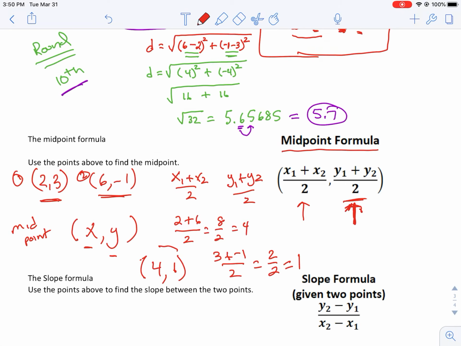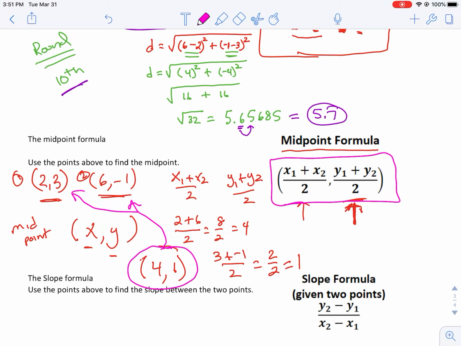So let's change colors here. This is the midpoint between these 2 points. So all you need to do is use this formula over and over again.